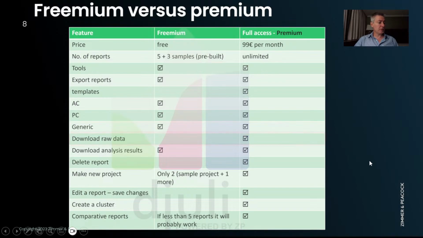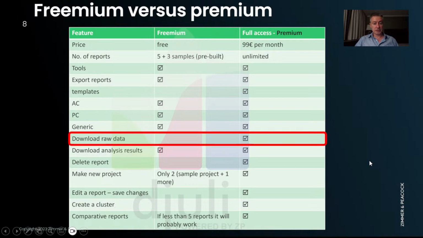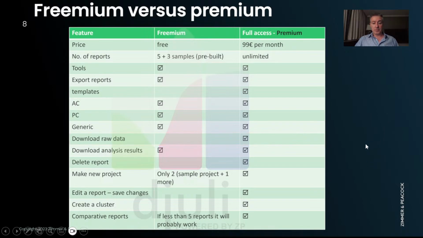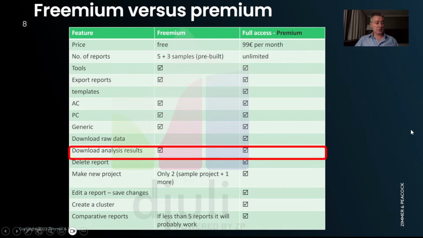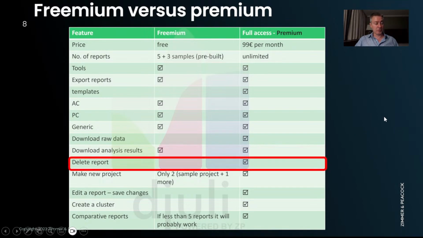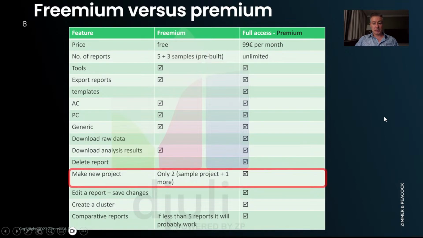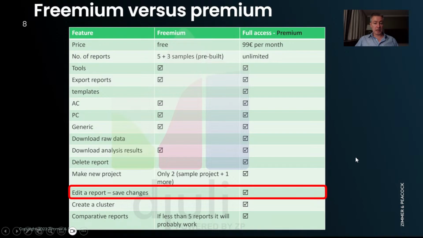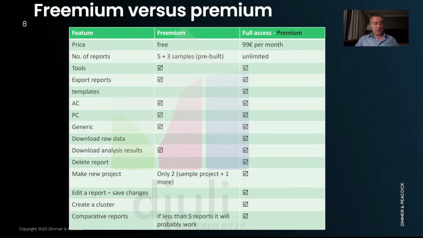If you get the premium version, then you can download your data. Both systems allow you to download your results. In the freemium, you unfortunately can't delete reports. You can only have 2 projects, or I think it may be 3 projects, in the freemium version, where it's unlimited in the premium. You can edit in premium, but you unfortunately can't do so in freemium.